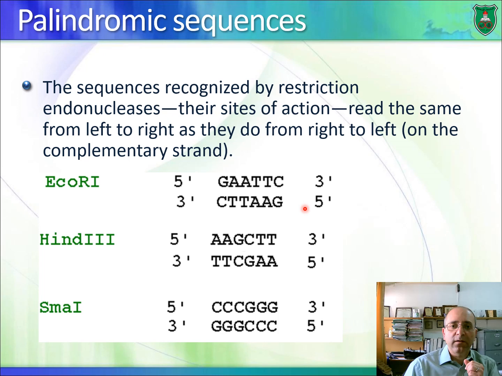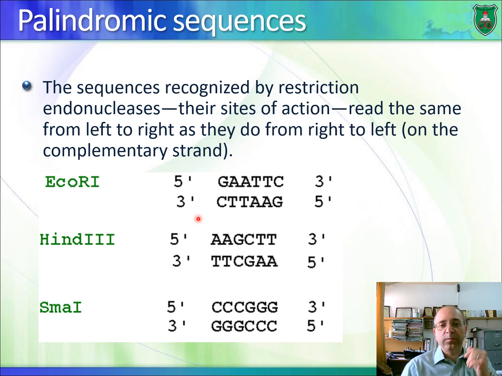Now read the complementary strand from 5' to 3'. It's GAATTC as well. So you read it the same whether you're reading the top strand or the bottom strand. These are known as palindromic sequences, exactly the same on both complementary strands.